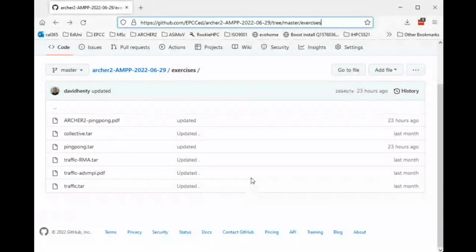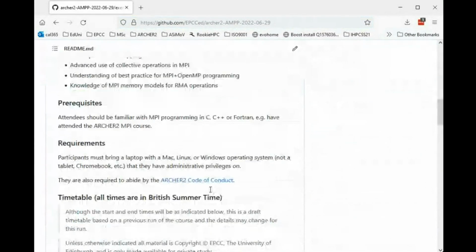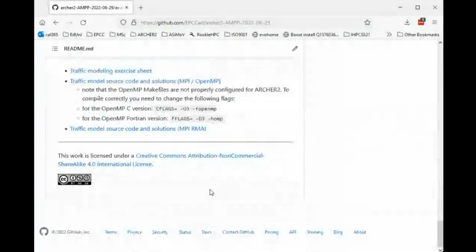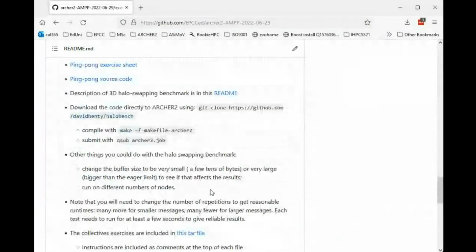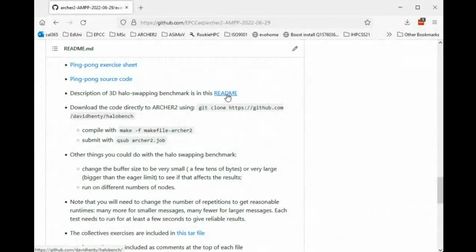What I've written, for other purposes actually, is a halo swapping routine, a halo swapping benchmark. It basically does halo swaps in a whole bunch of different ways. So the instructions are at the bottom here. There we go. The description of 3D halo swapping is in this README.